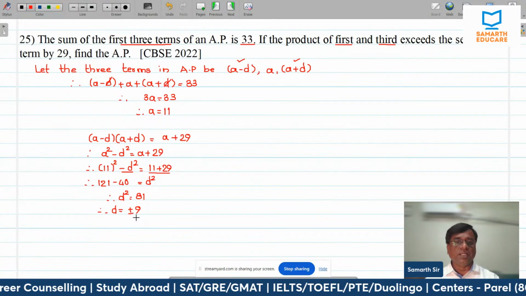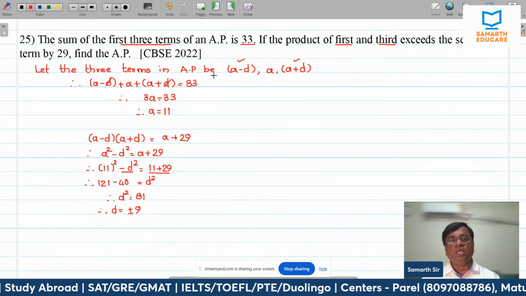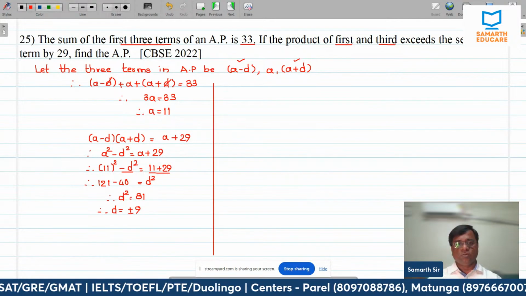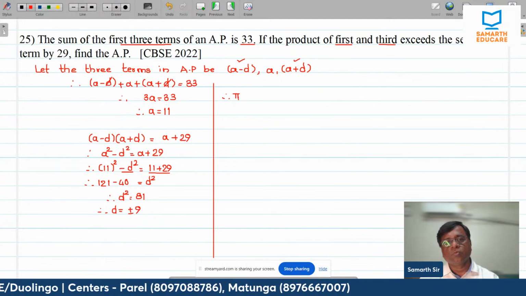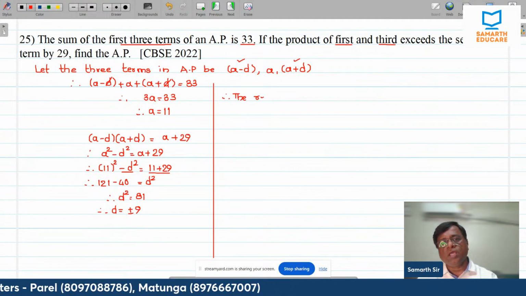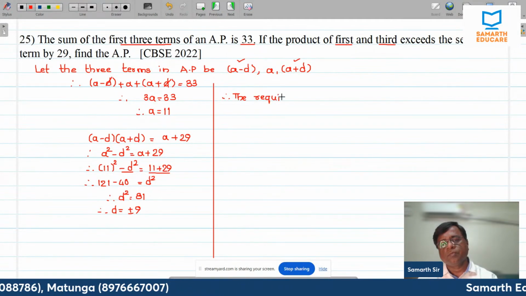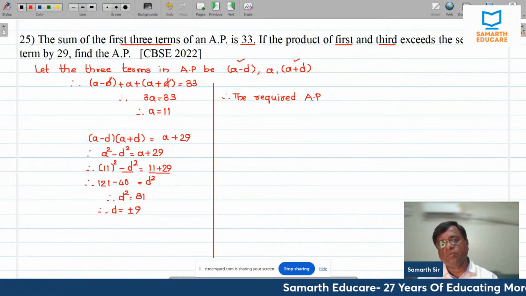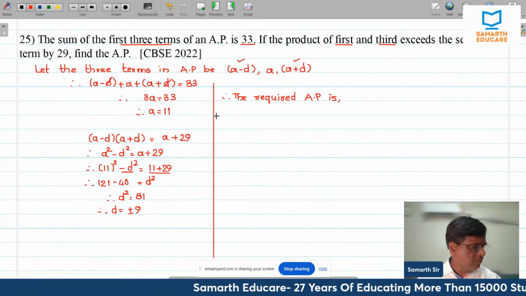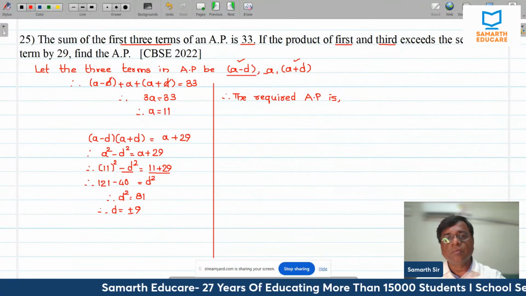There are two possibilities. Now very interesting part, abhi AP likhna hai mujhe. Okay, therefore the required AP is, this is something new. Look at this. This is the AP.